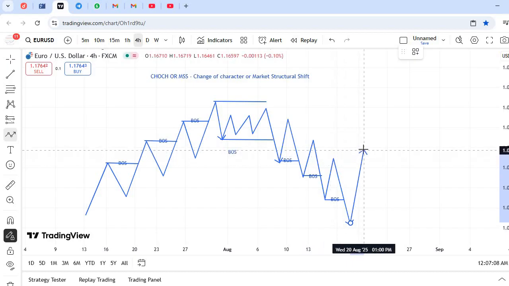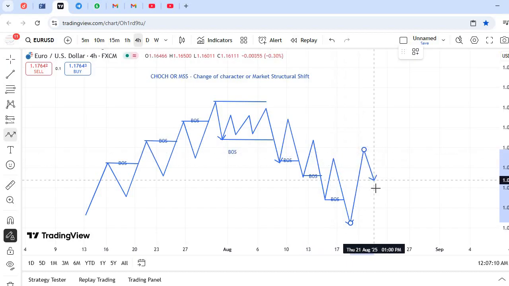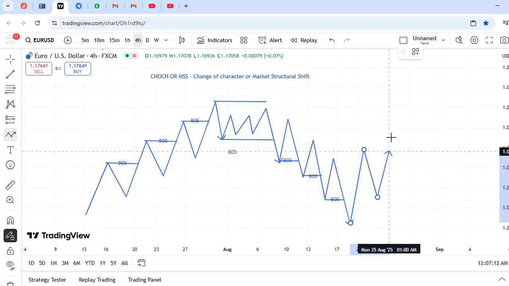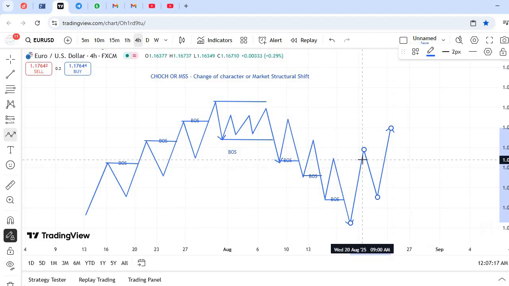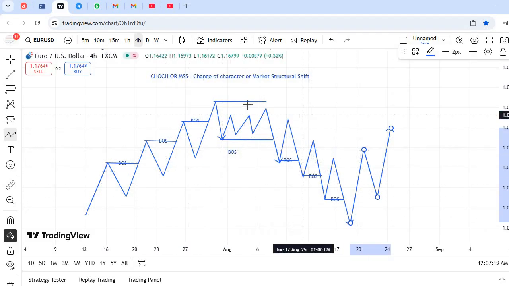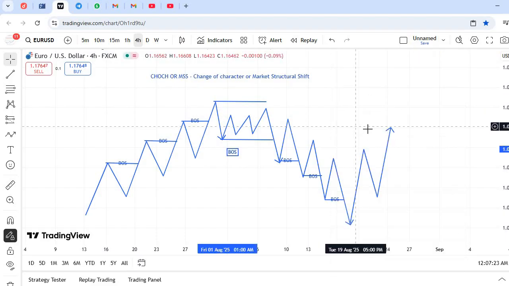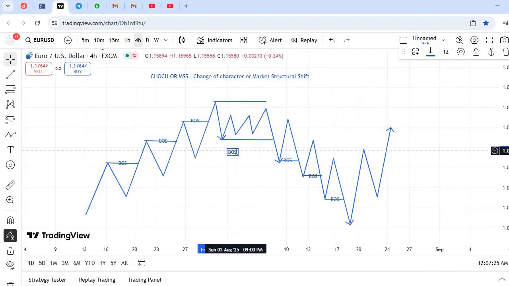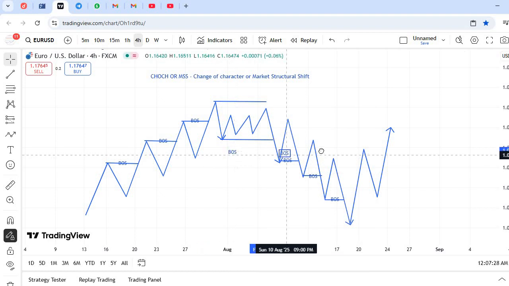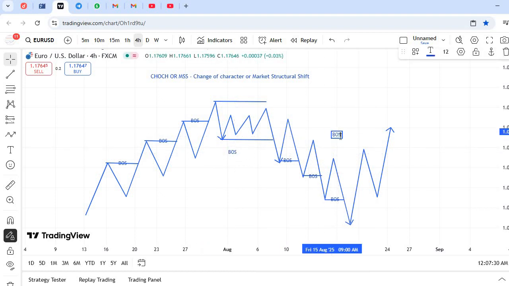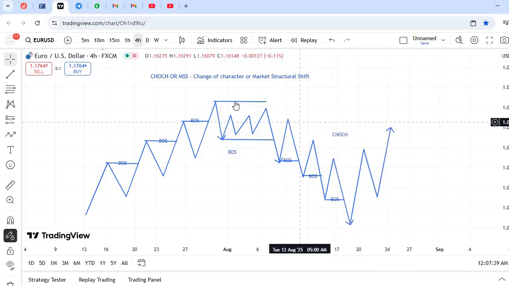So then we wait for a pullback before another impulse. So here we write CH. Let's use capital letters. CH. So we have a change of character.